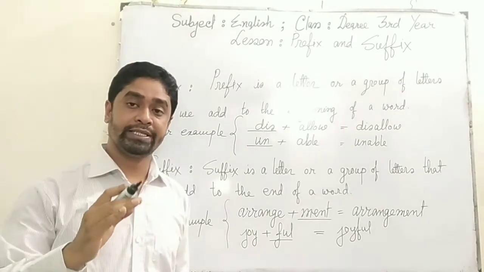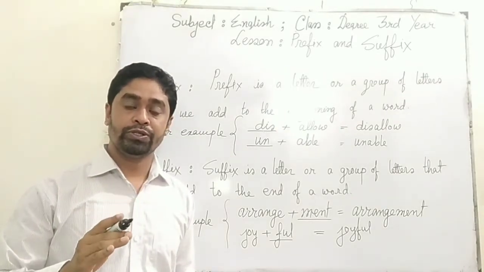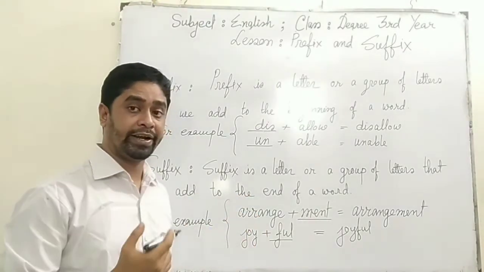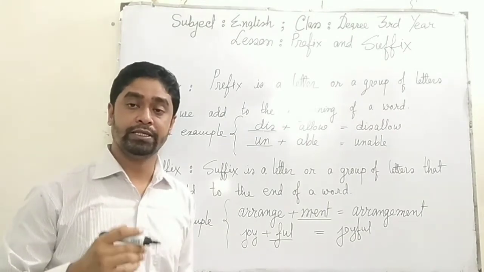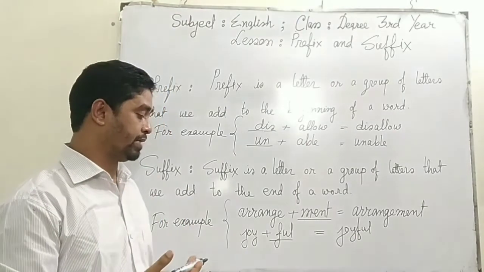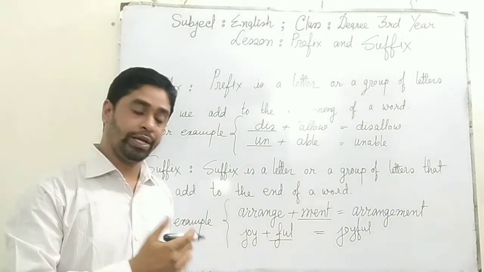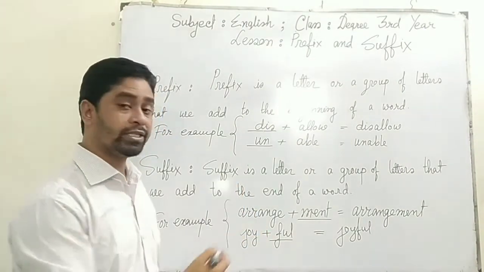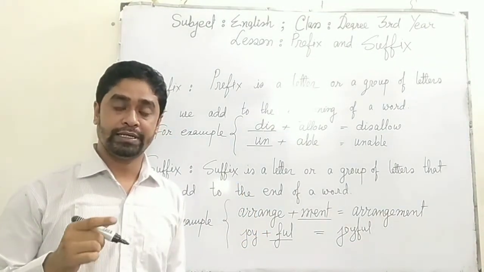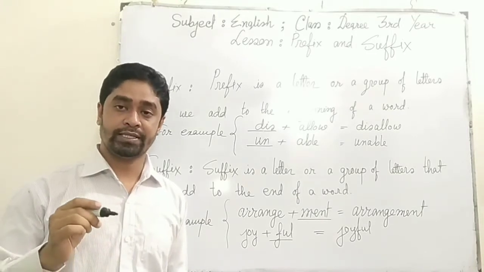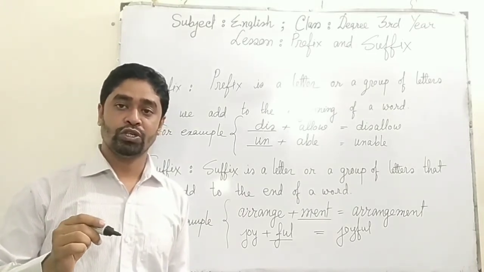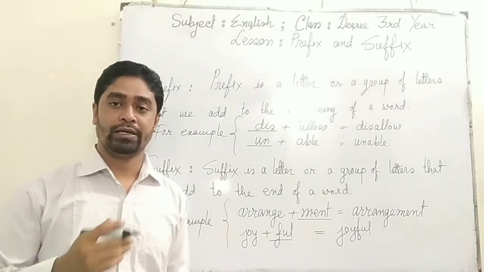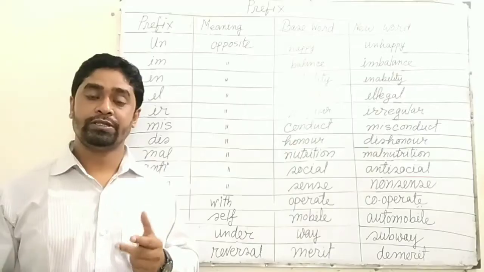Here ment is a suffix because it is added after the word arrange and it creates a new word, arrangement. In this way, joy plus ful creates joyful. In this, ful is a suffix because it is added to the word joy. Okay?